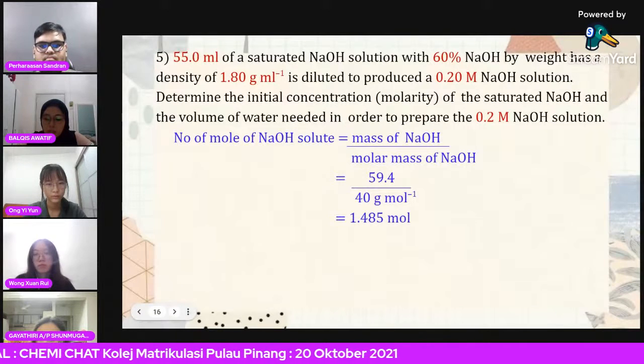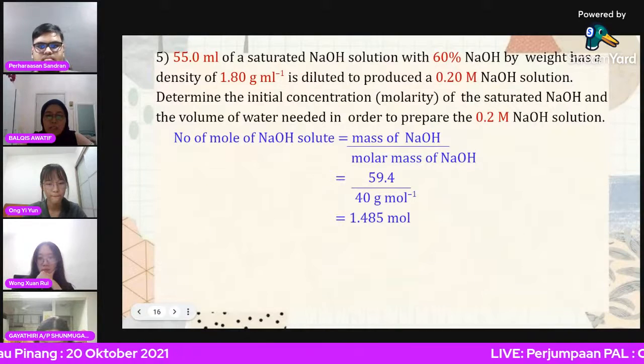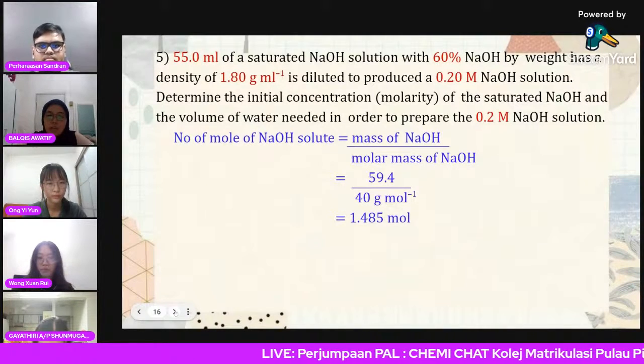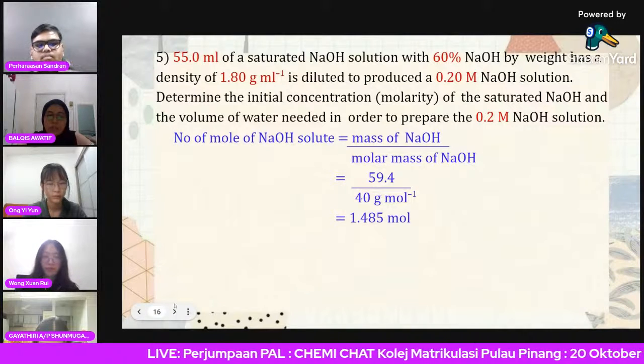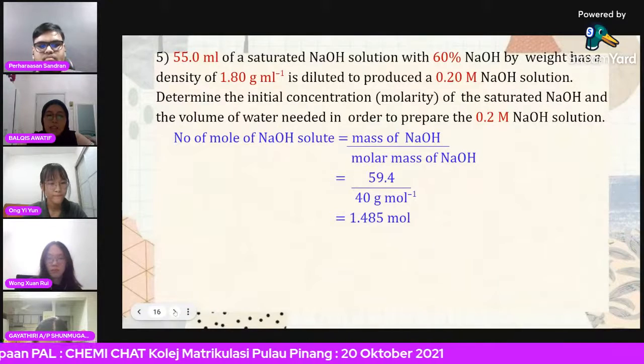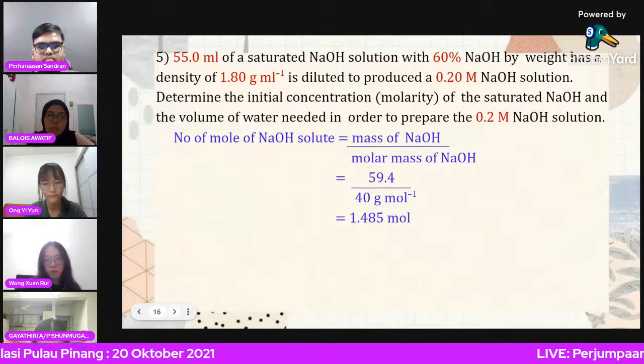We add the relative atomic mass: sodium is 23, oxygen is 16 and hydrogen is 1, so the total is 40 gram per mole. Then we divide, and the number of mole of sodium hydroxide solute is 1.485 mole.